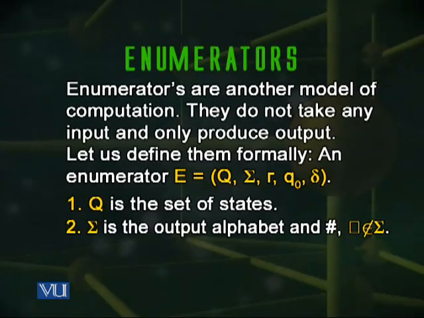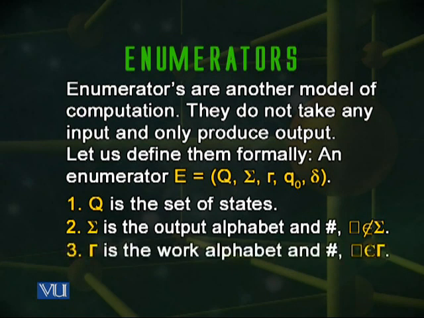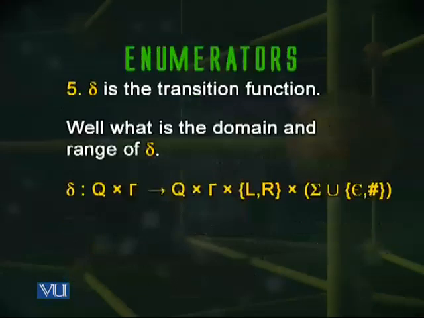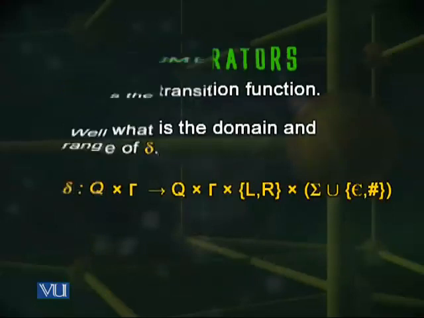So the hash sign and the blank do not belong to the output alphabet. Γ is the work alphabet for this enumerator, and it contains the blank symbol. q0 is the start state, and the most important part of the enumerator which we have to specify is the transition function, which will tell us how the enumerator works.